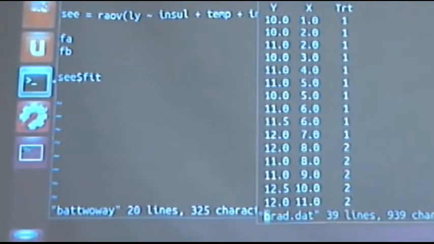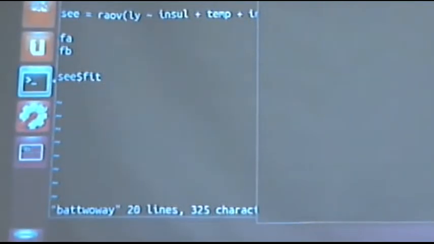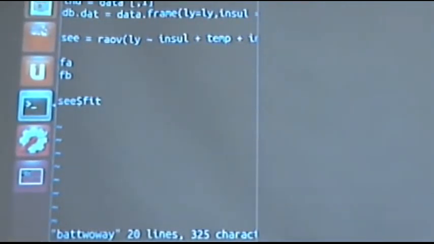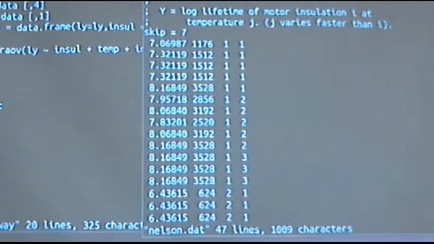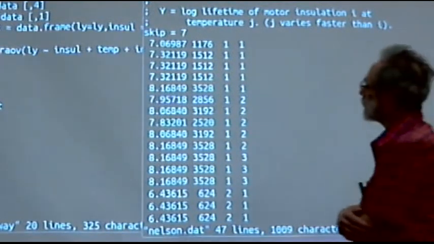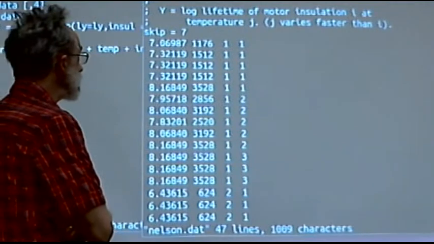This is real data. So it's a 3x3 factorial design. It's in Nelson, so actually Jerry might put this on the page. But y is the log of the lifetime of the motor insulation.